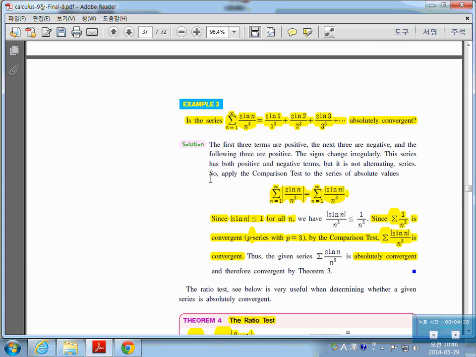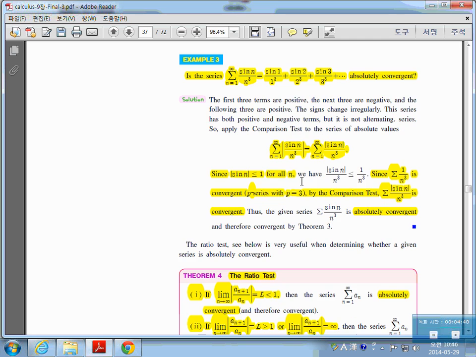Here is an example. Is the series summation of sin n over n cubed absolutely convergent? Let's check it. Take the absolute value of these terms, the general term. Then sin n is always less than or equal to 1, so we can easily find this inequality for all n greater than or equal to 1.